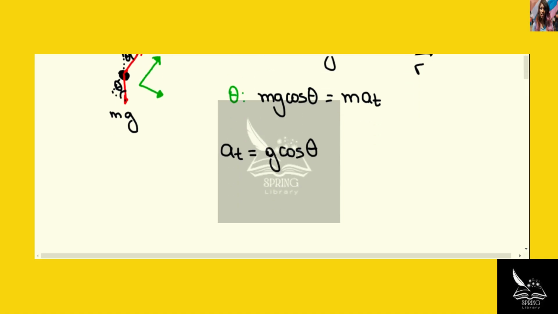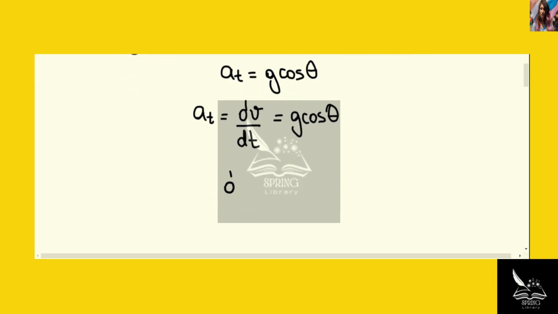Now notice that the tangential acceleration is equal to dv dt. Okay? And this is g cosine of theta. So we have that dv is equal to g cosine of theta times dt.